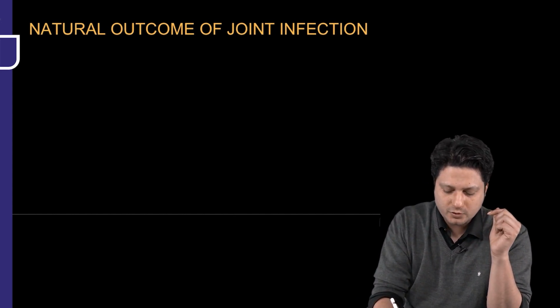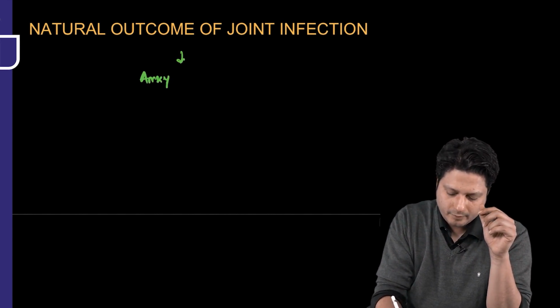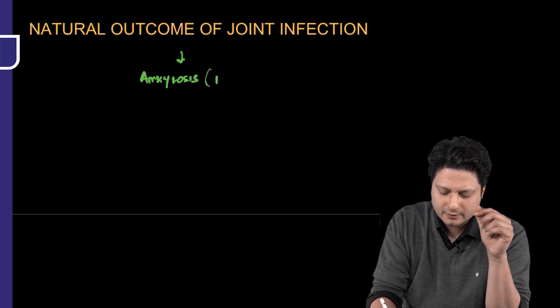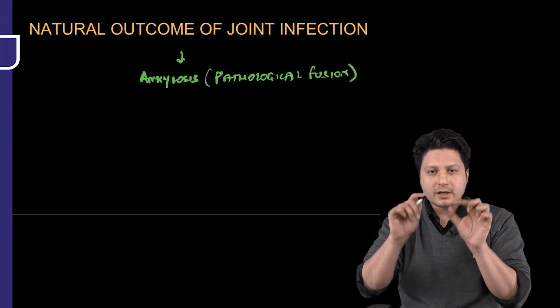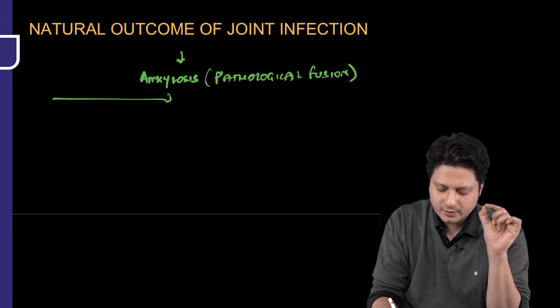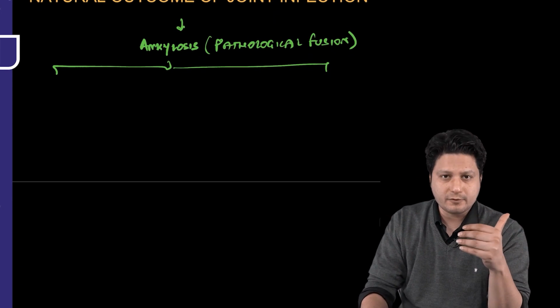So the natural outcome of joint infection is always ankylosis. Ankylosis means pathological fusion, that it is because of the pathology that the joints are now fused. Now this ankylosis can be of 2 types. There are 2 possibilities by which the joint can be pathologically fused.